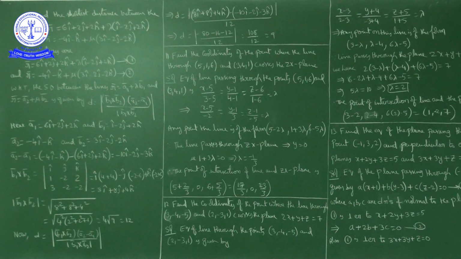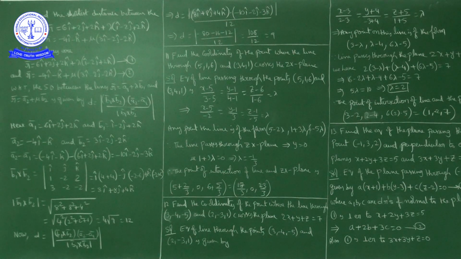The second line is given by r bar is equal to minus 4i cap minus k cap plus mu times of 3i cap minus 2j cap minus 2k cap. So the second line is passing through the point (minus 4, 0, minus 1), parallel to the vector 3i cap minus 2j cap minus 2k cap.